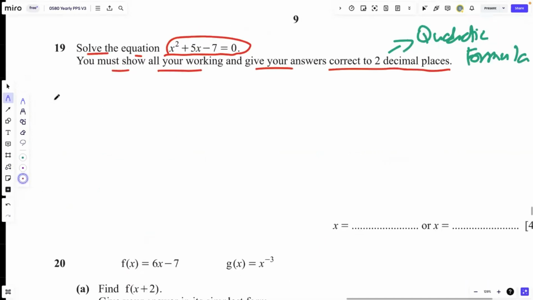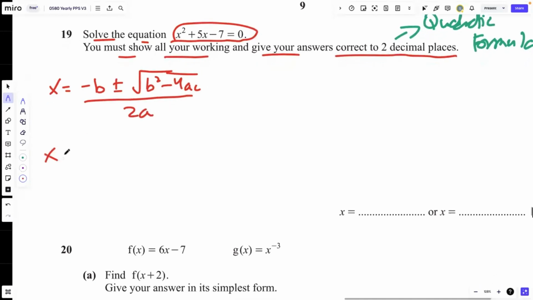So let's write down the formula: minus b plus minus under root b squared minus 4ac over 2a. That's the quadratic formula that we have.